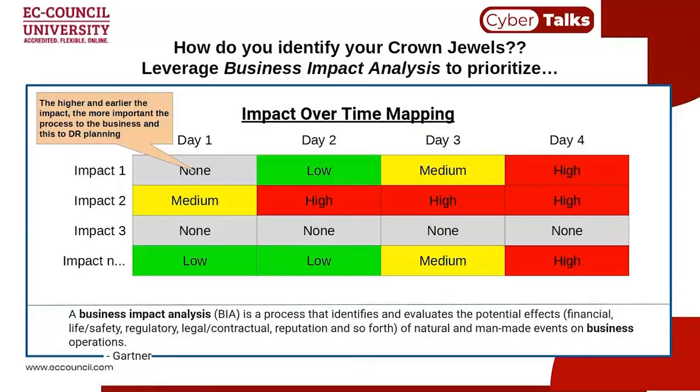Now that may be different for your business. It may be immediate impact, 2 hours, 8 hours, 24 hours, whatever it is, but the concept is the same, right? We're going to identify what happens when a process stops functioning across those vectors.